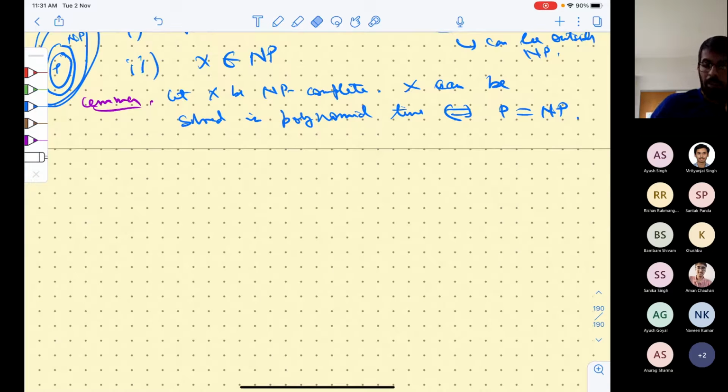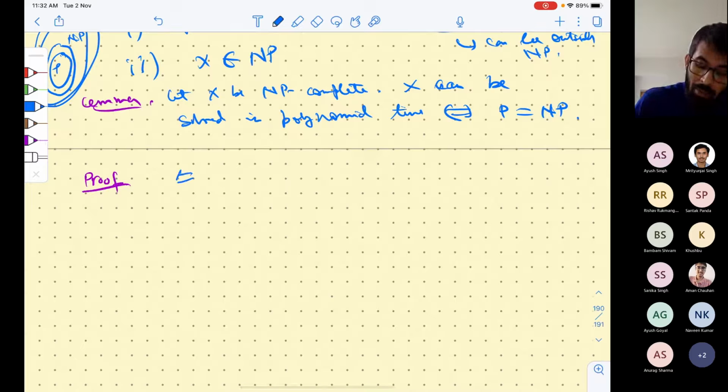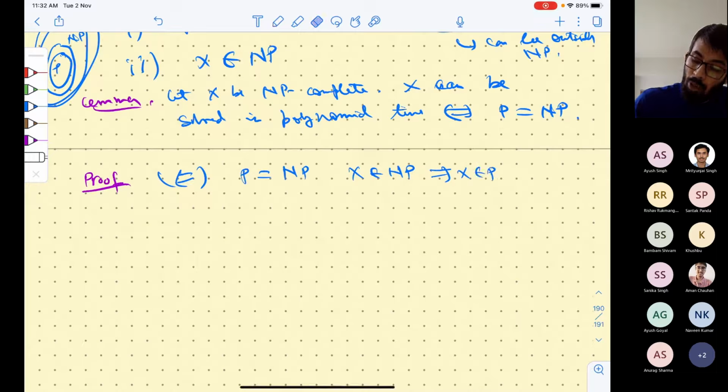So how do we show this? Which direction is easy? Backward is easy, because you just start with P equal to NP. X belongs to NP, because X is NP complete, so X belongs to P. Right? So X can be solved in polynomial time. Now tell me the forward one.